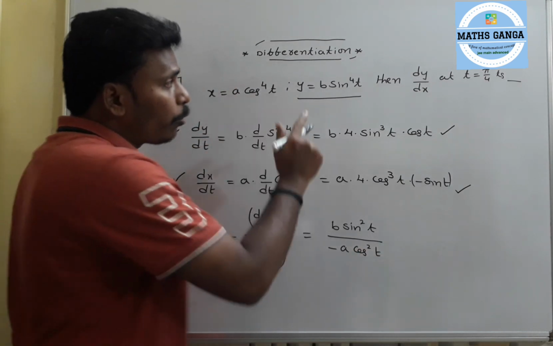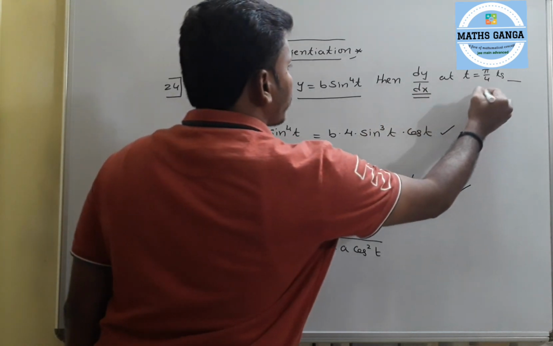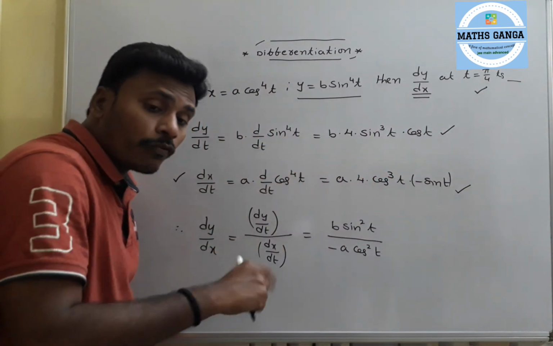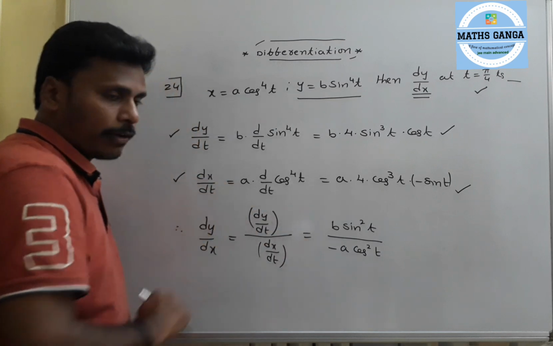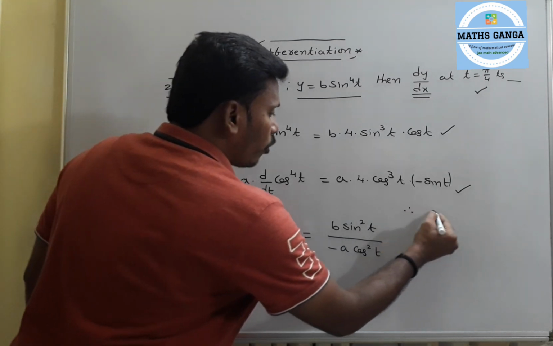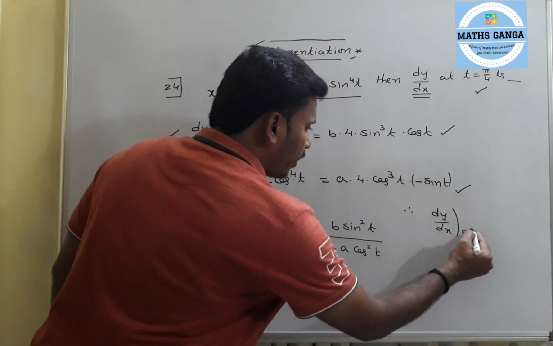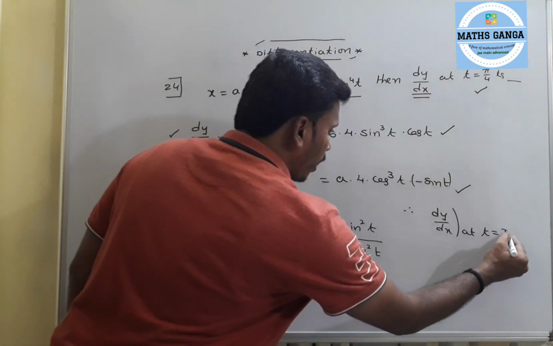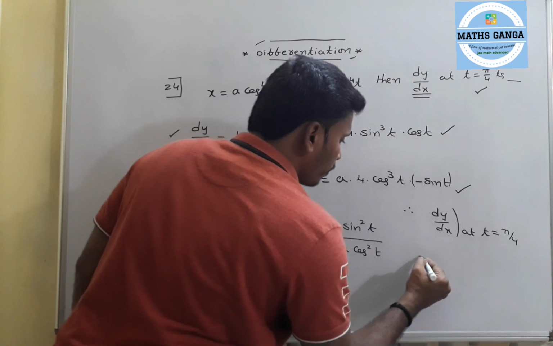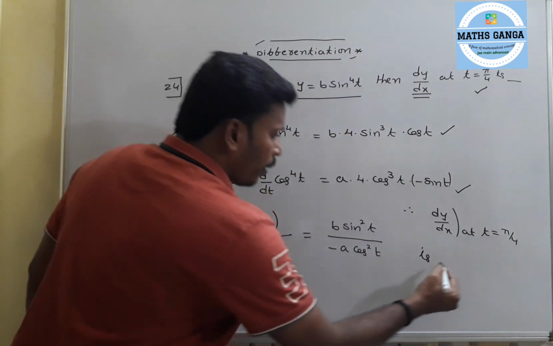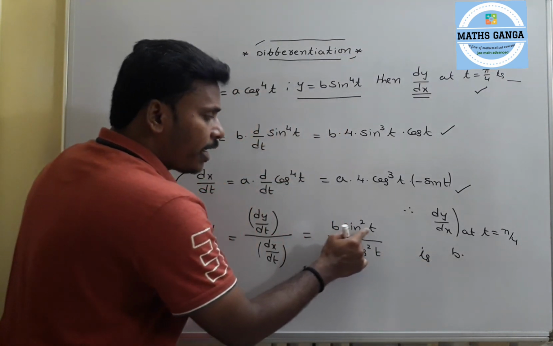But the question is about finding dy by dx at t equal to pi by 4. So we need to replace t with pi by 4. Okay. So therefore dy by dx at t equal to pi by 4 is, b into sin square pi by 4.